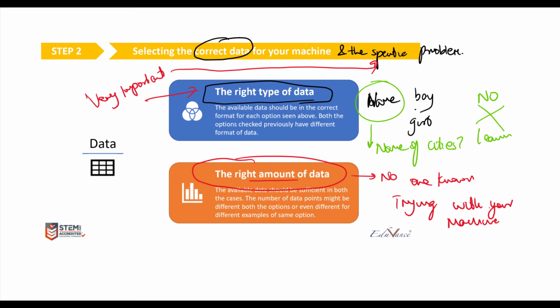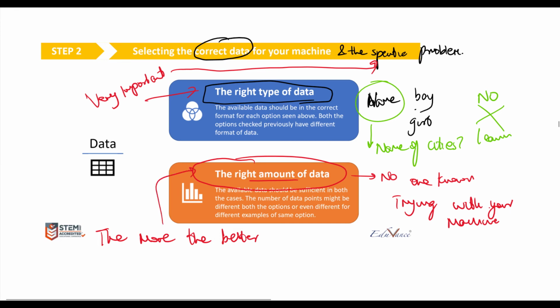I'm just taking a funny example here. It's like you coming and asking your father, Dad, how many problems do I have to solve to get full marks on my maths exam? Try that question with your dad, and he'll say, the more, the better. So the same concept is here, what is the right amount of data?